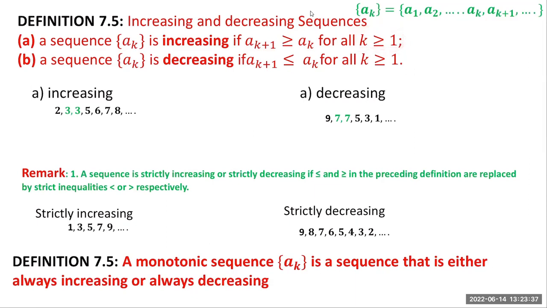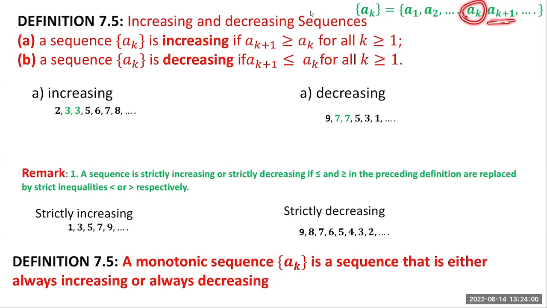First of all, what do you mean by a_(k+1) greater than or equal to a_k? Remember, if you look at this sequence, a_(k+1) is the k plus 1 term, a_k is the kth term, right? What this tells you is that always any term is bigger than or equal to the previous term.